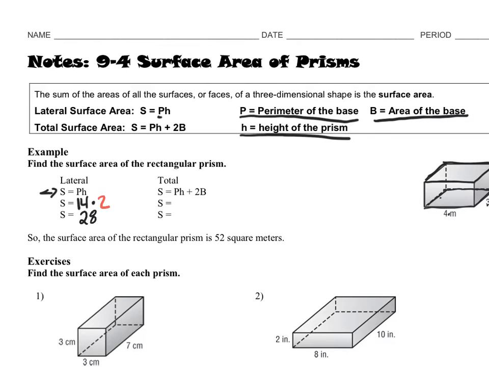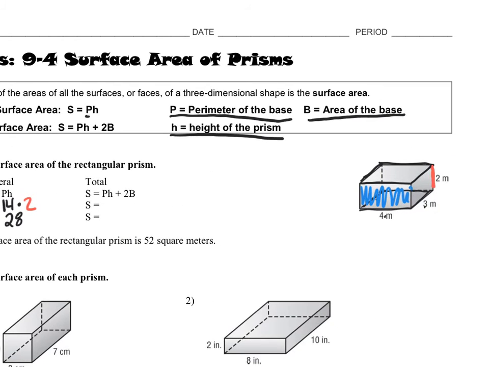I'm going to break this down for you just so you understand what we're doing. In any box, we're finding the area of all these blue boxes, like the wall around it.